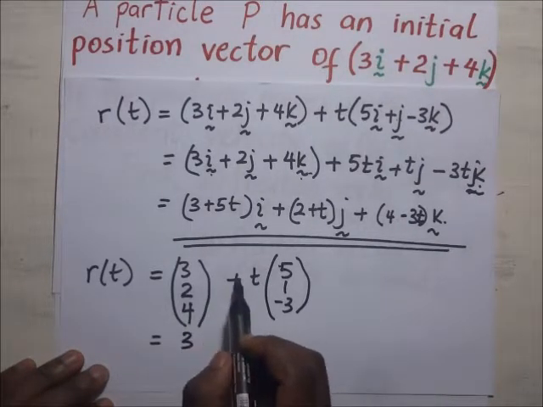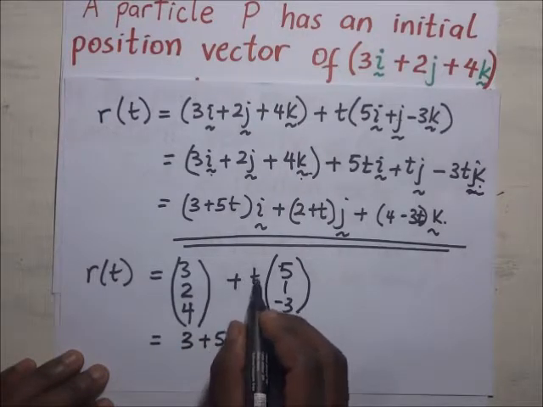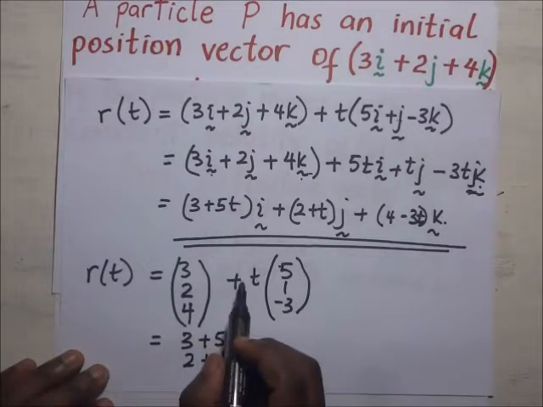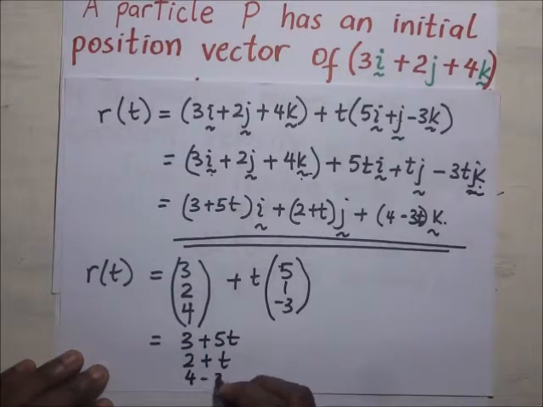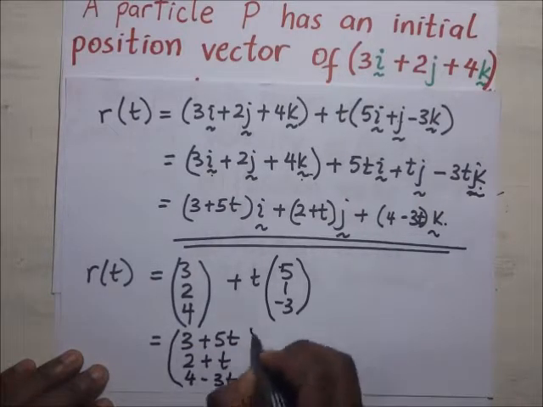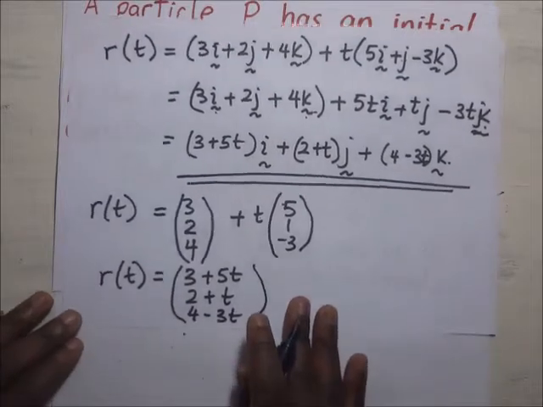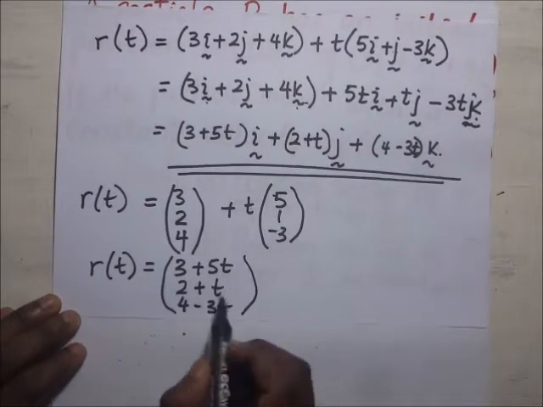And still this would lead us to 3 plus 5t, 2 plus t, then 4 plus negative 3t, so it is 4 minus 3t. And of course this will still lead us to this is i, this is j, this is k.